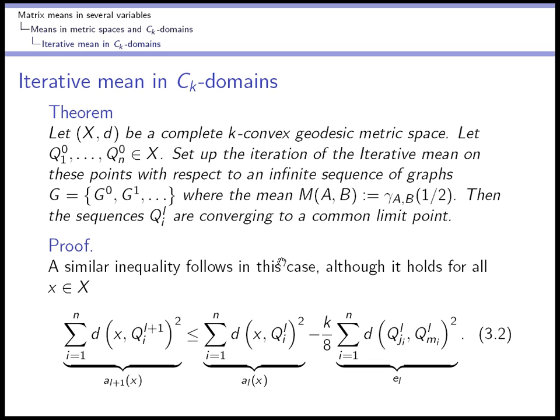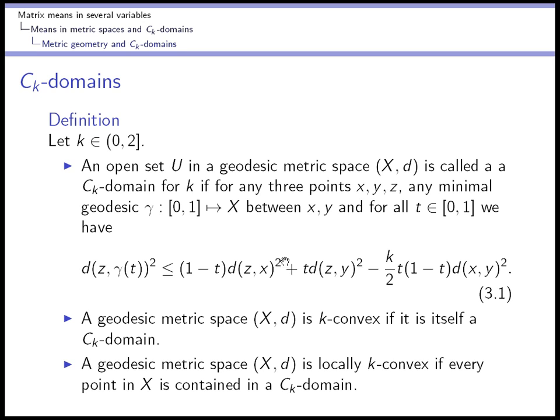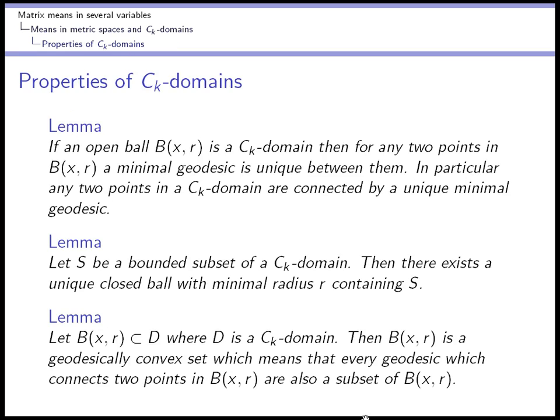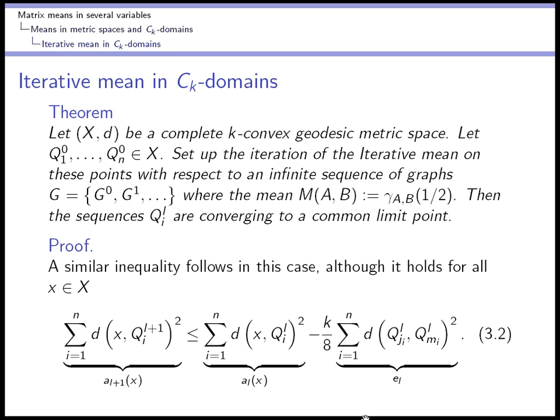And for every midpoint, we can write up the k-convexity inequality, this here, 3.1. And we have n such inequalities for every edge. And if we sum them up, then we get 3.2.